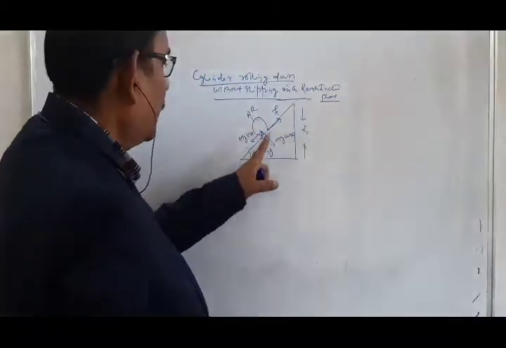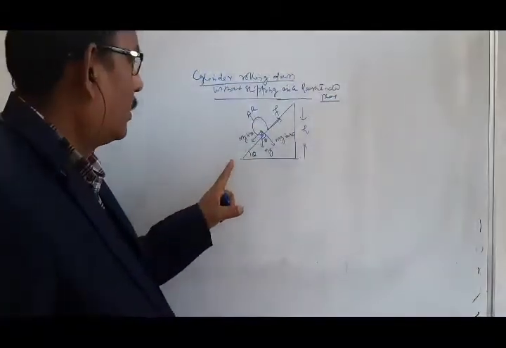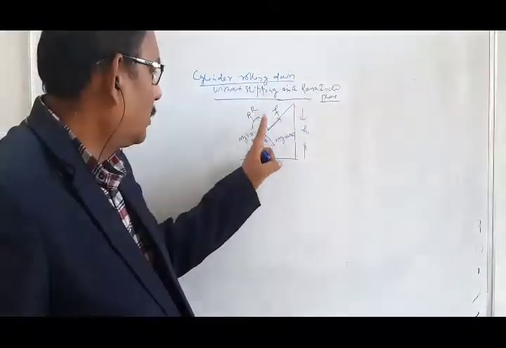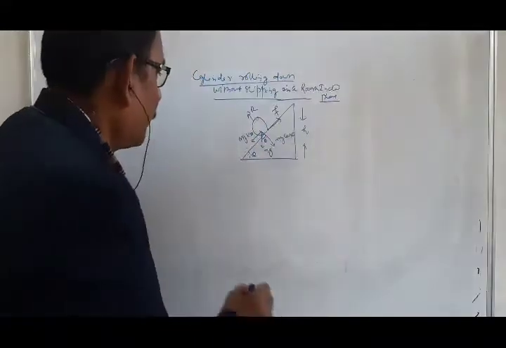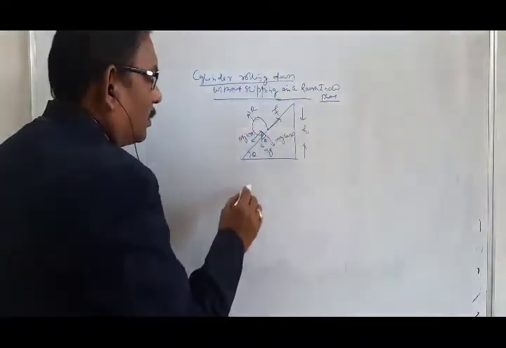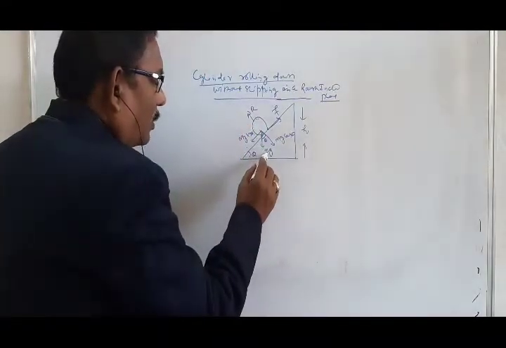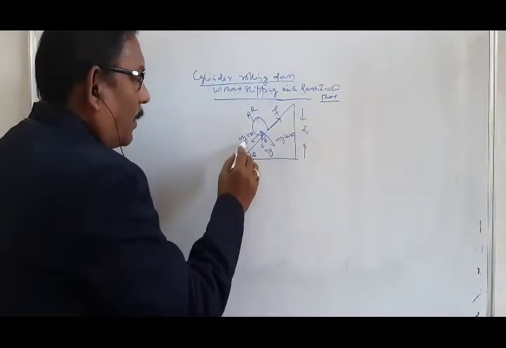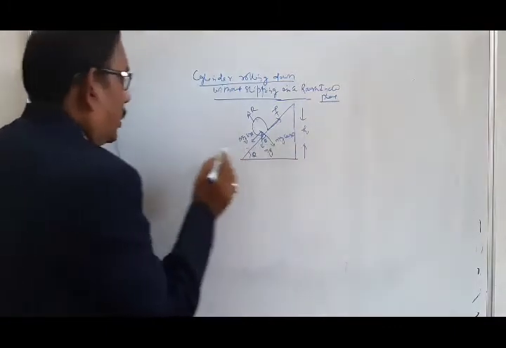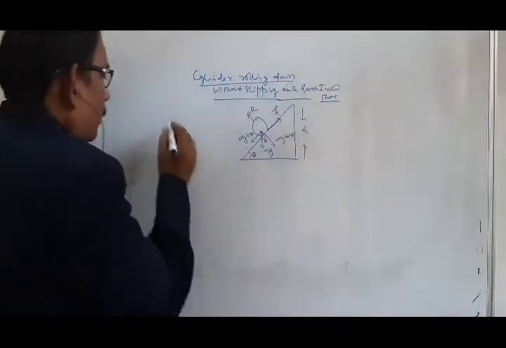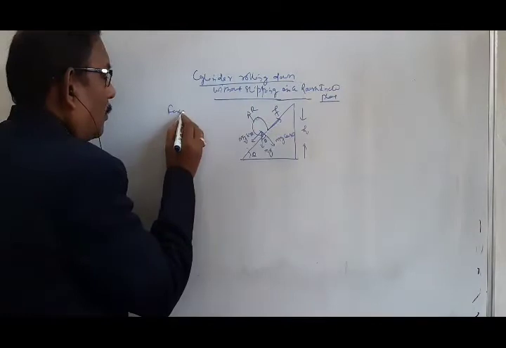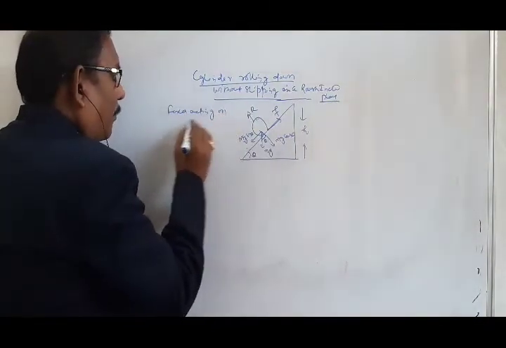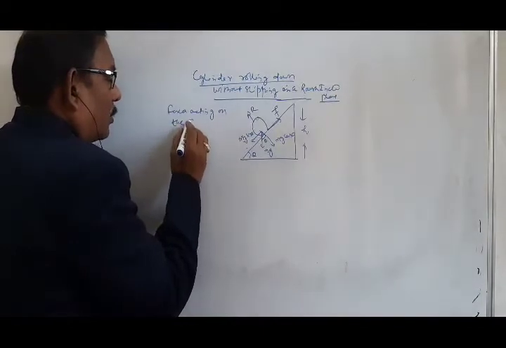So, the solid cylinder rolls here on an inclined plane. Then what are the forces acting on this solid cylinder? Look here. There is the normal force, the weight of the body mg, and the frictional force. The mg has two components, mg sin θ and mg cos θ. One by one we will discuss the forces acting on the solid cylinder.